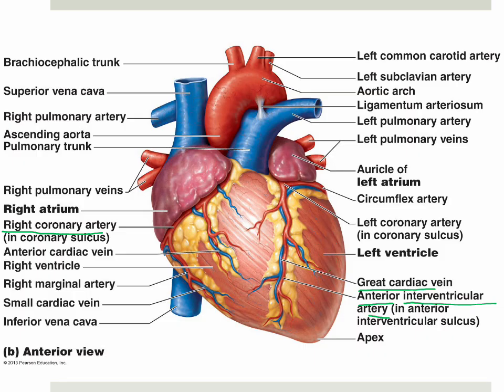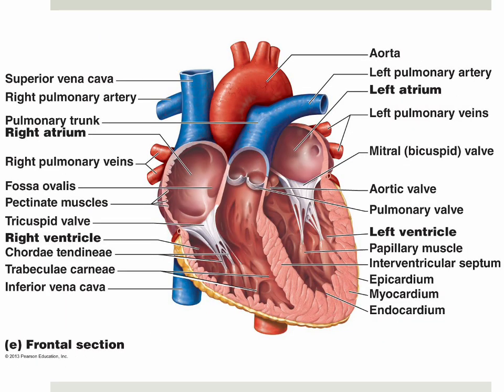We are going to see on your right side two big veins. They are coming from the body, one in the upper portion. Right, from the previous slide we were talking about these two big vessels here.